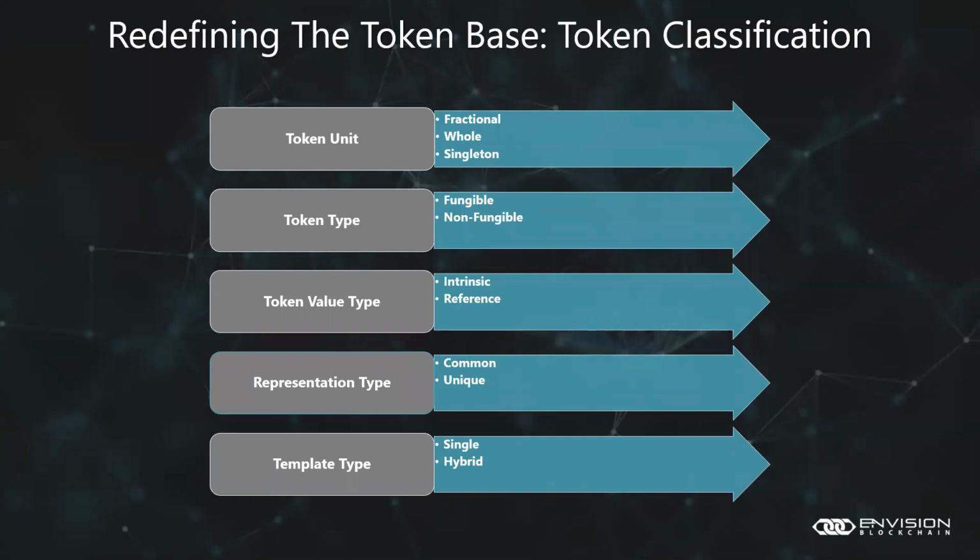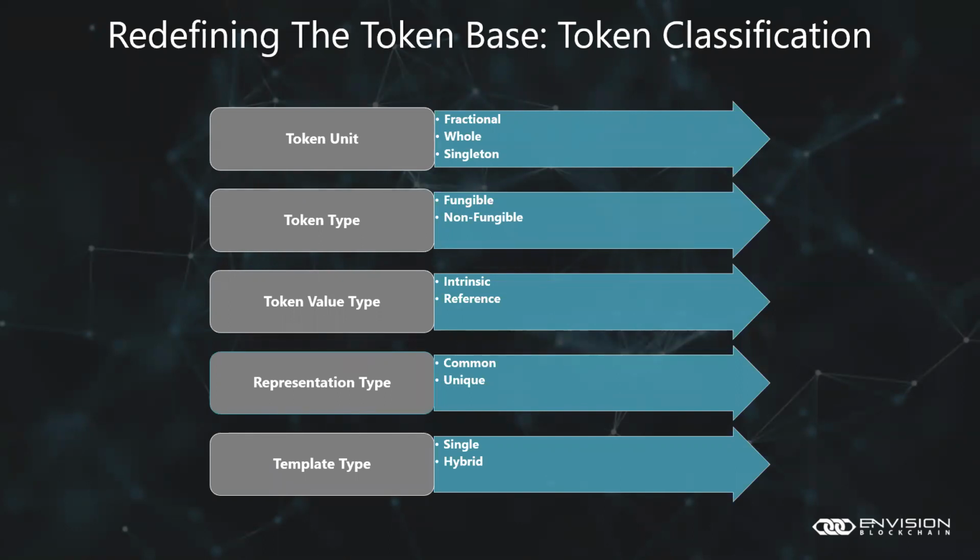So if you were to have an apple, a dollar bill, a painting or even a diamond, that can be represented as a token with, of course, various different other classifications and behavior properties, or rather artifacts attached to it. So the difference between intrinsic and reference is definitely a very important concept to understand with respect to value type.